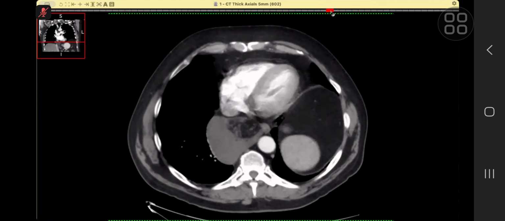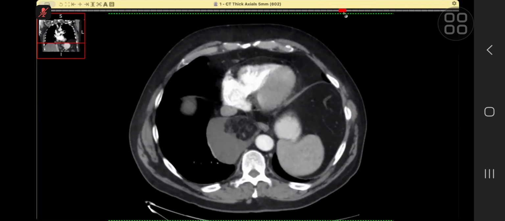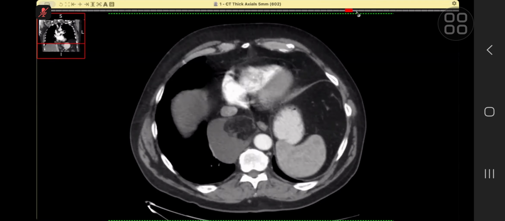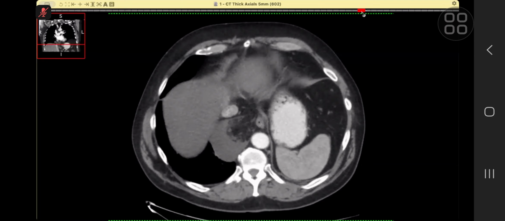In my routine practice, I would check the HU of the mass. I can see there is fat within this mass lesion.